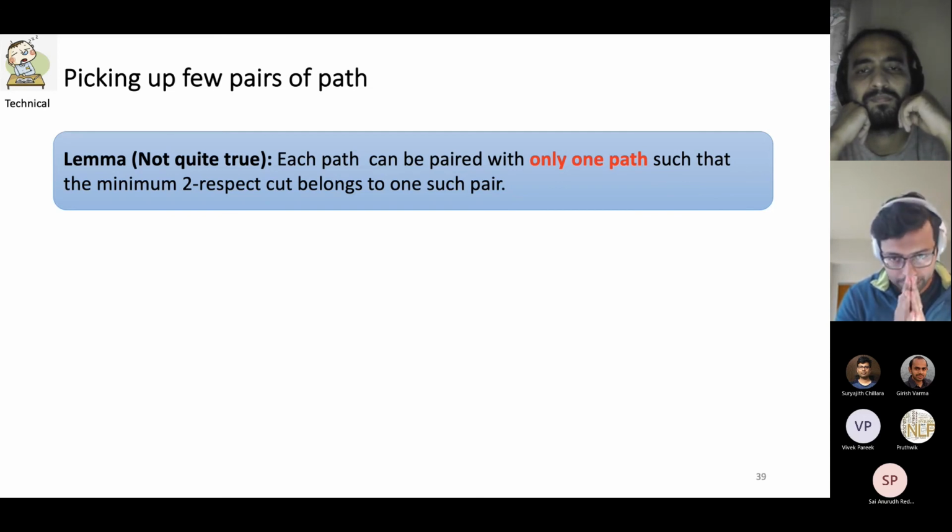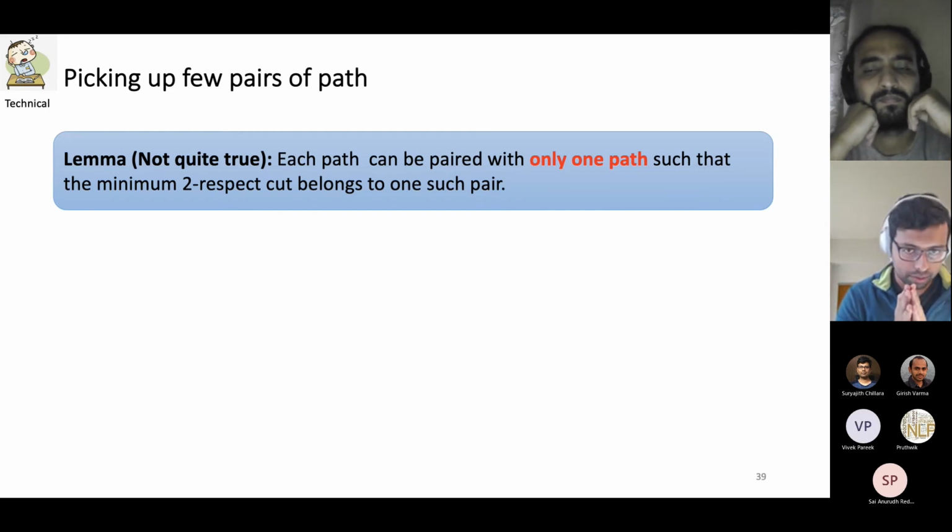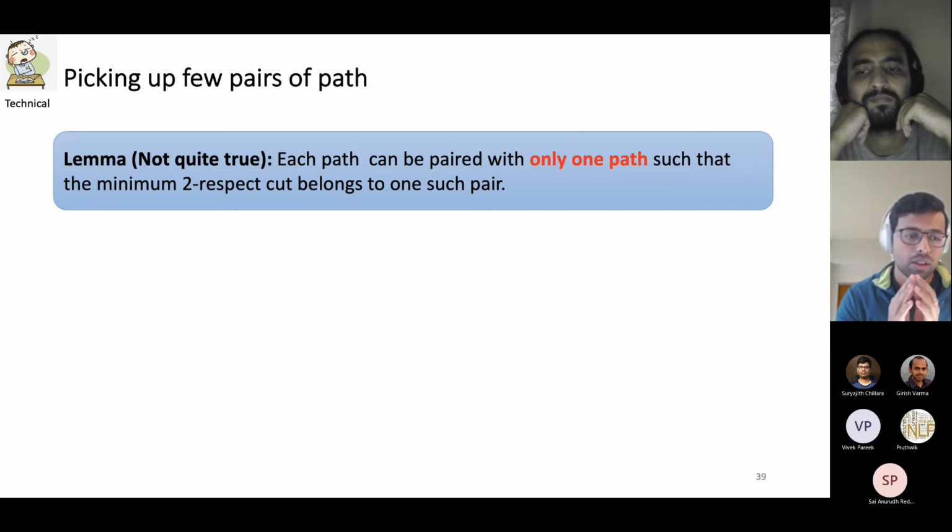It takes a tree as input, and it gives you a bunch of paths of the tree with two properties. These paths are edge disjoint, and the union of these paths is the whole tree. So it's like a partition of the edge set, but each part is actually a path.